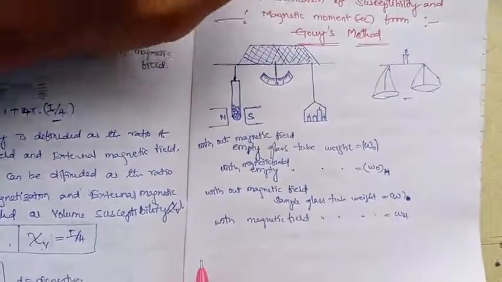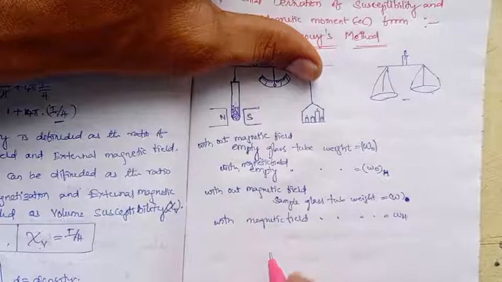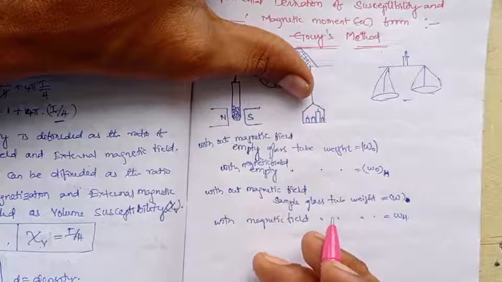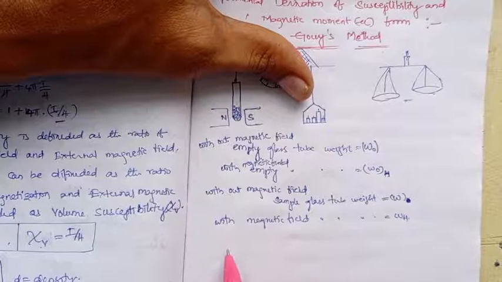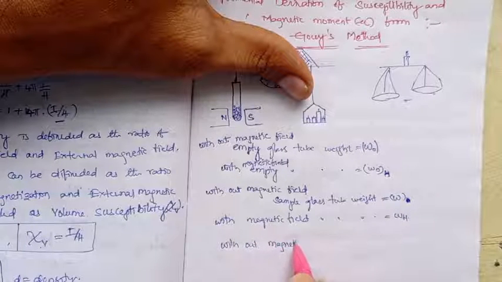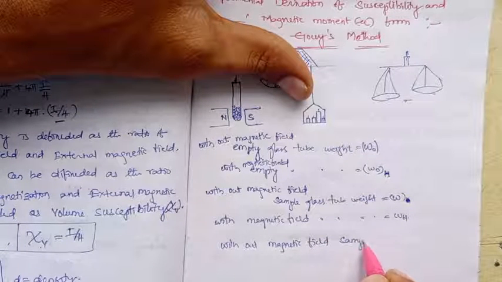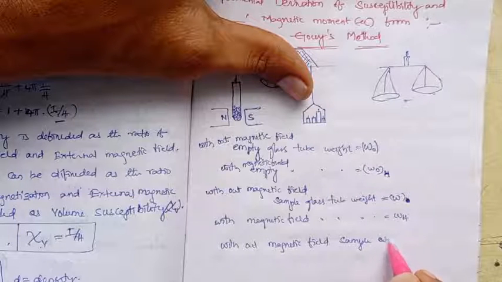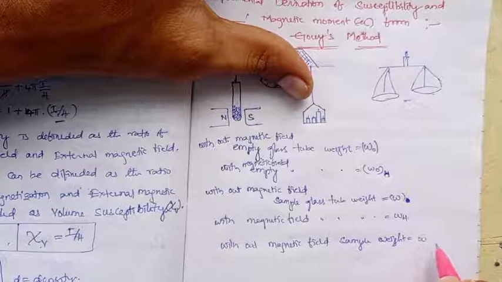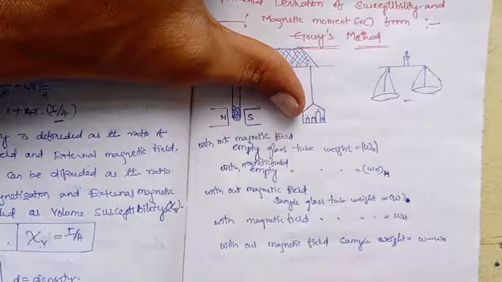After these measurements, to get the sample weight with field and without field, two times we will get the sample weight, right? Without magnetic field, only the sample weight will be obtained from W minus WO, right?